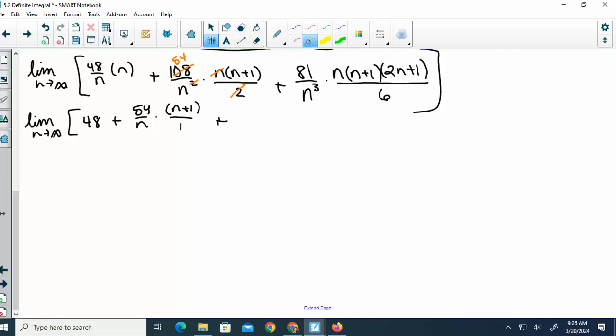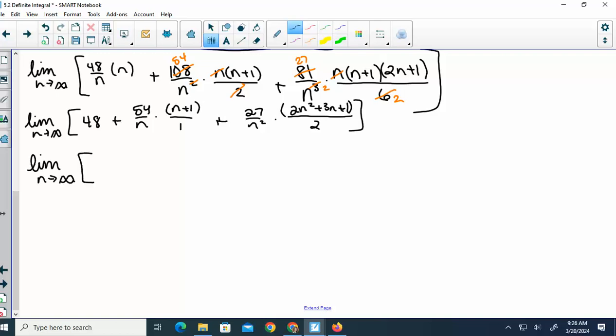Here, 81 over 6. What I do is I can cancel one of those n's. 54. Notice good notation, I'm writing my limit on every step.